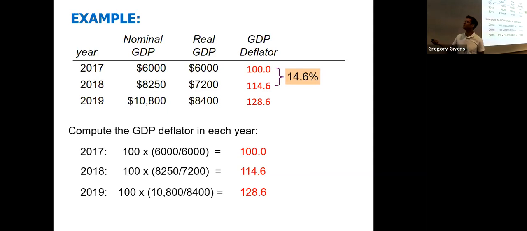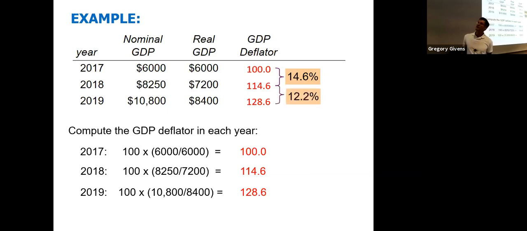That's 114.6 minus 100, so that's the difference in the deflators between 2018 and 2017, divided by the GDP deflator from 2017, times 100%, and we get 14.6%. So there was close to 15% inflation in our silly little two-good economy in this first year.